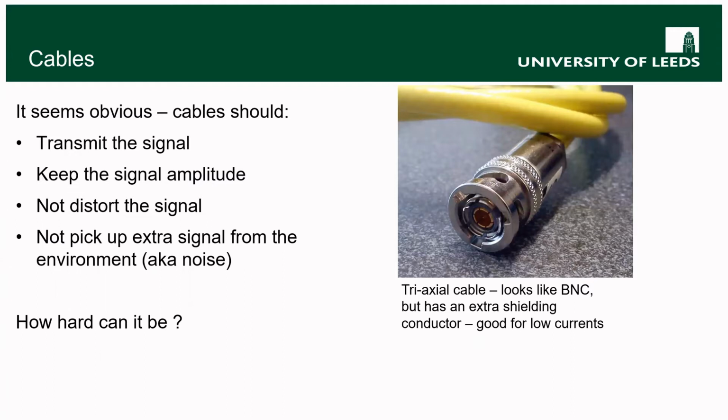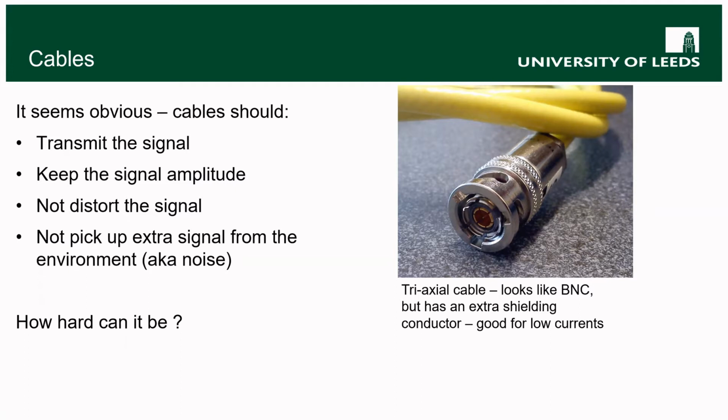Another cable that's probably not so commonly used is the triaxial cable. This looks like a BNC, but it actually has an extra layer of shielding and an extra conductor in it. So you have a central conductor, then a layer of insulation, then a middle conductor, then a layer of insulation, and then the outer conductor and the sheathing.